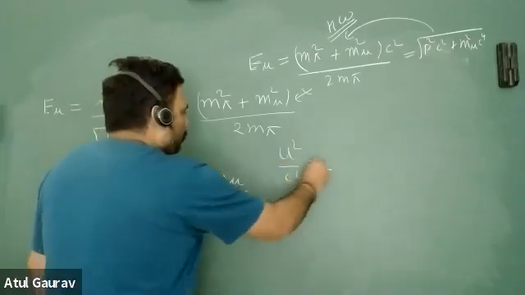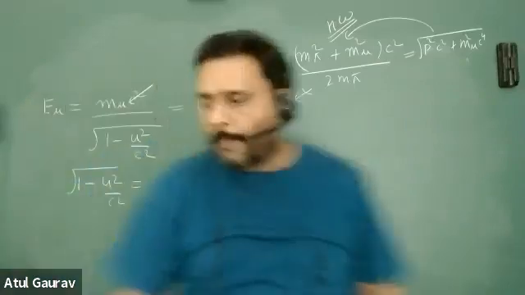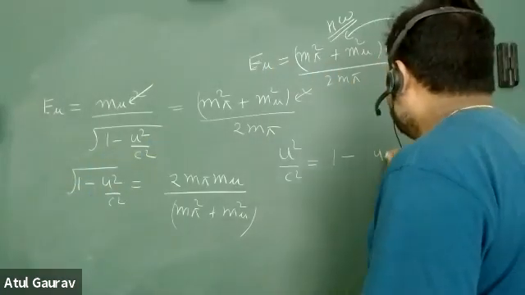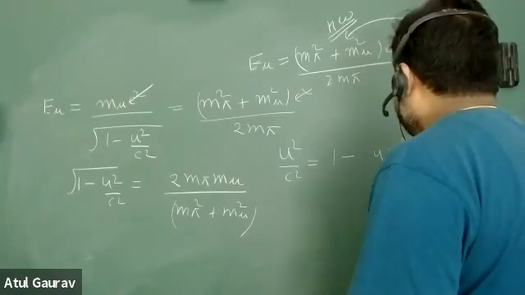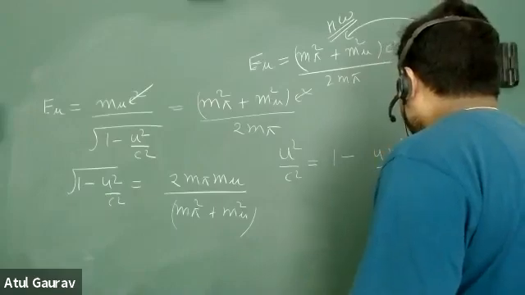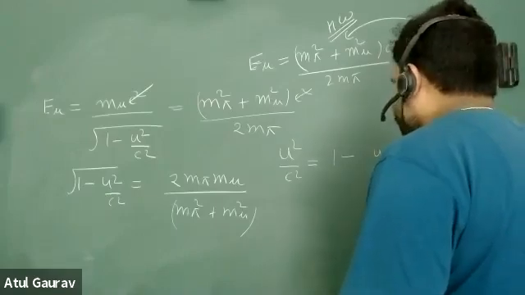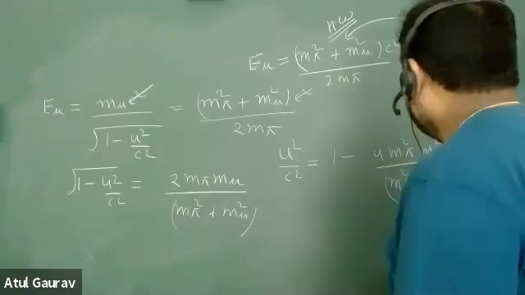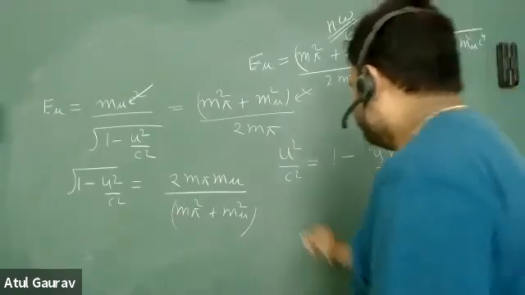u square by c square must be equal to 1 minus 4 m pi square m mu square by m pi square plus m mu square whole square. So obviously it will come to here.